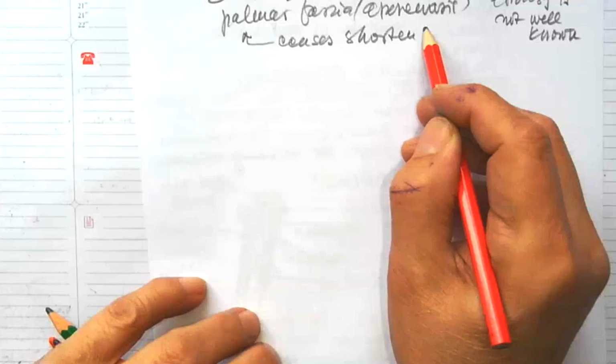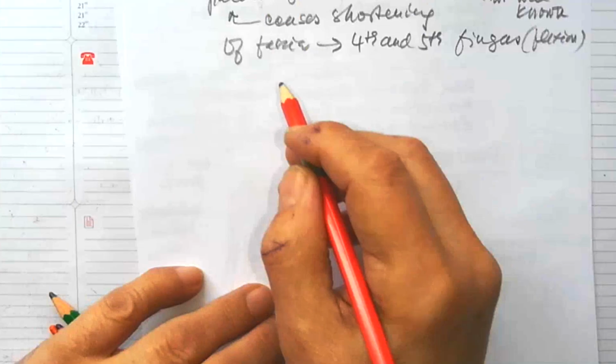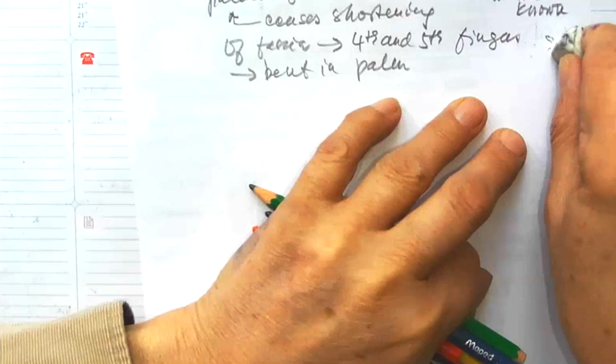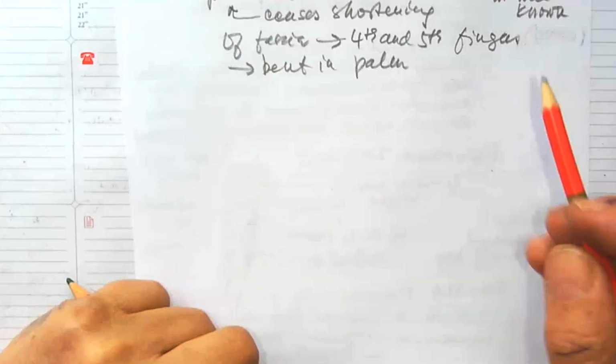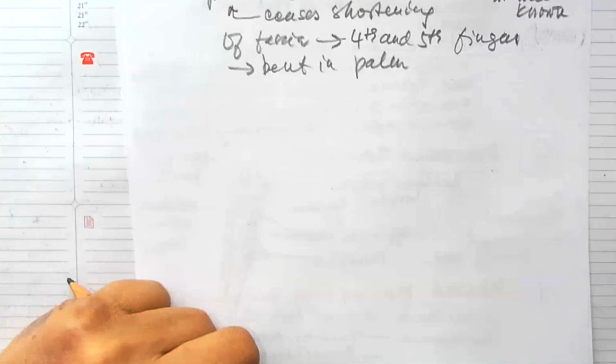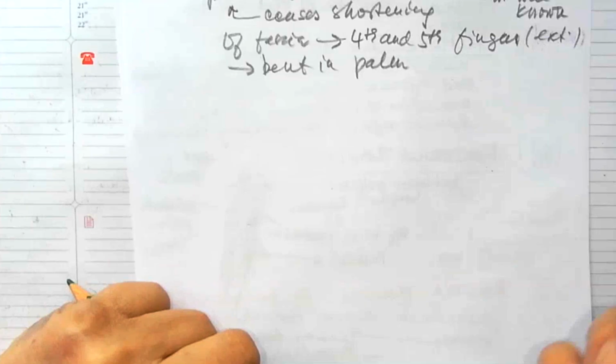which leads to the fact that the fourth and fifth fingers, if they are in extension, not inflection, I have to add, in extension, remain bent in the palm.